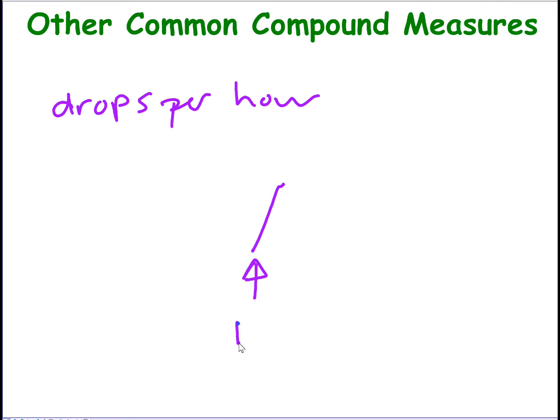This slash symbol sometimes means per in maths, so it could be the number of litres per day. So those common compound measures are out there in the real world. The number of grams per pence that you get for your packet of crisps.